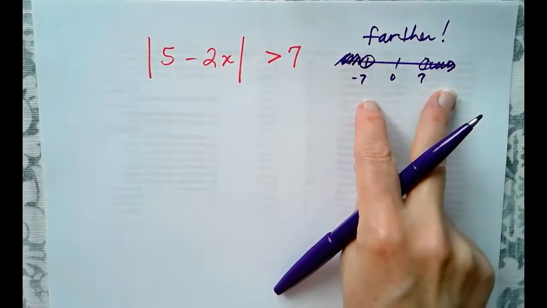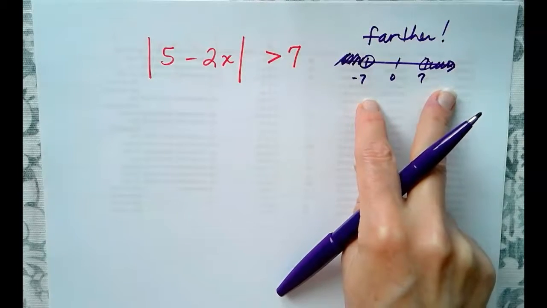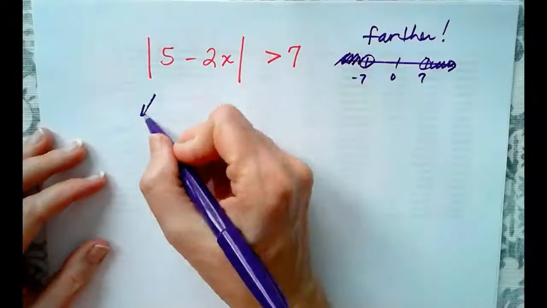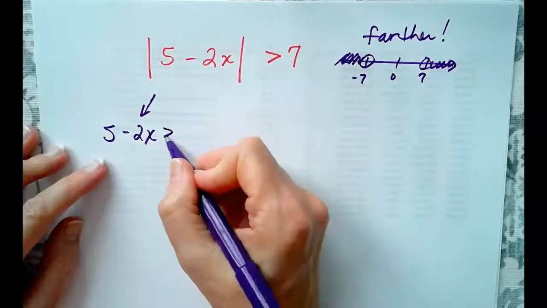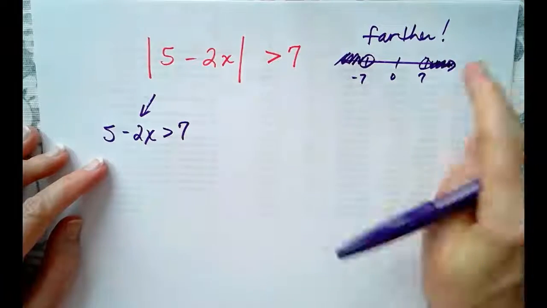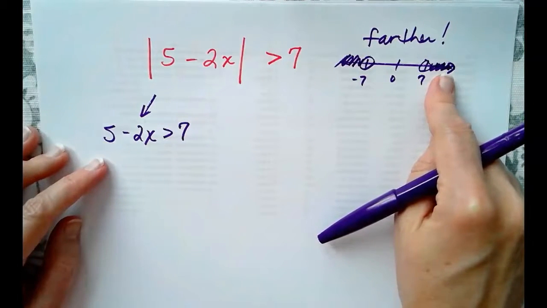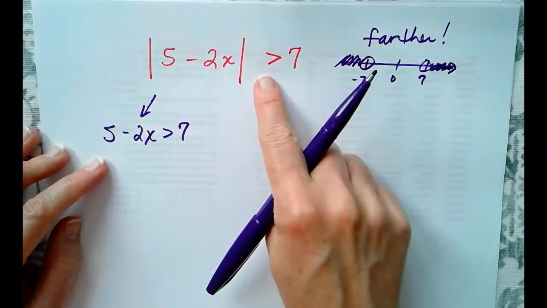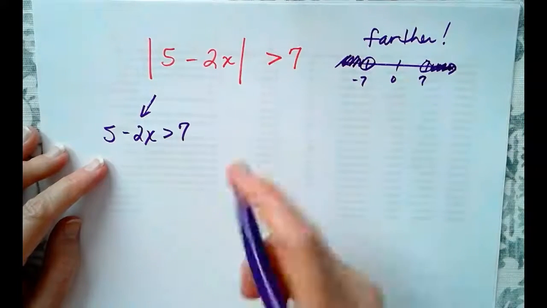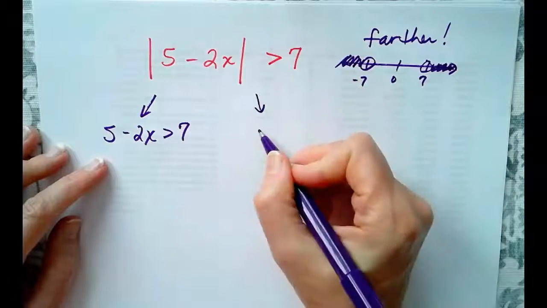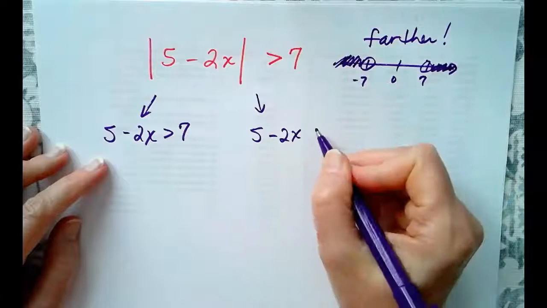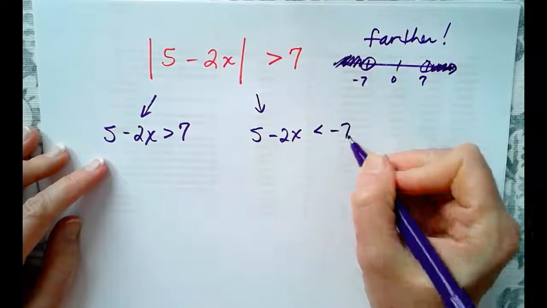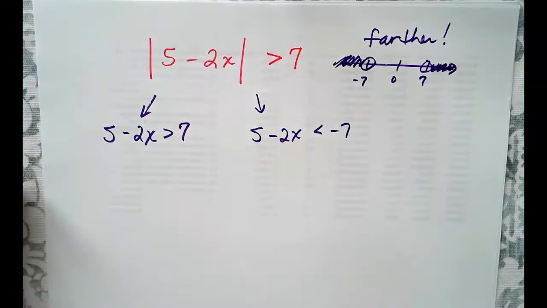So we're going to use this idea to set up our two inequalities here. 5 minus 2x must be greater than positive 7. Remember, because everything to the right of positive 7 has an absolute value greater than 7. Or 5 minus 2x must be to the left of negative 7, so less than negative 7, if we want an absolute value that's greater than 7.